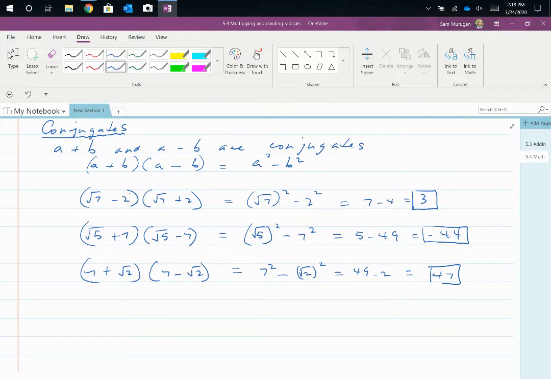This brings us to the process that is known as rationalizing. So, dividing radicals.